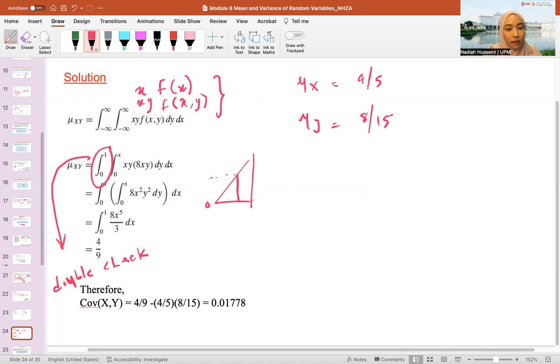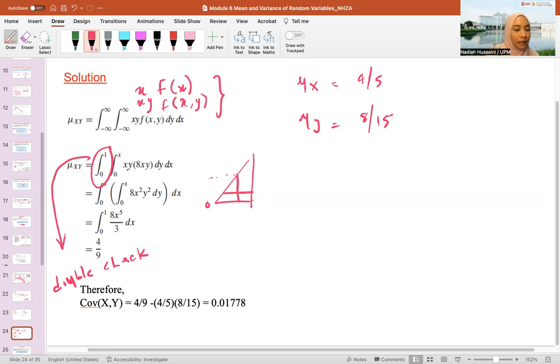But for the dx, we have this guy over here, but it's not going from x to 1. Okay, so this is where I'm not sure about this one. Let me double check on that one.